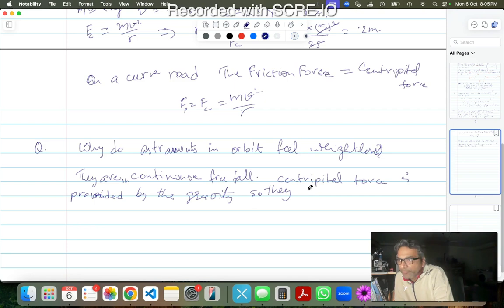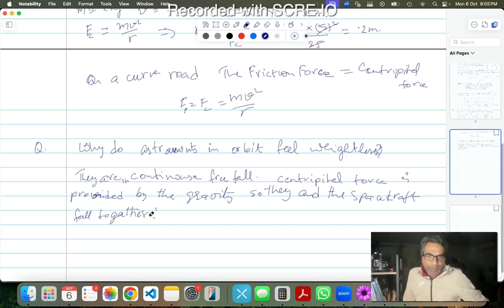So they and the spacecraft fall together.